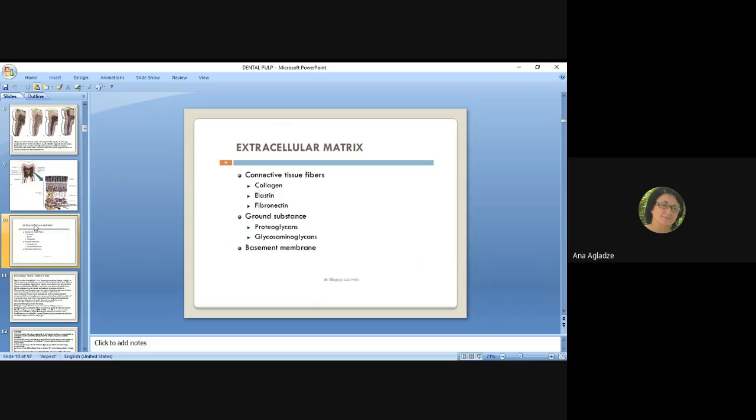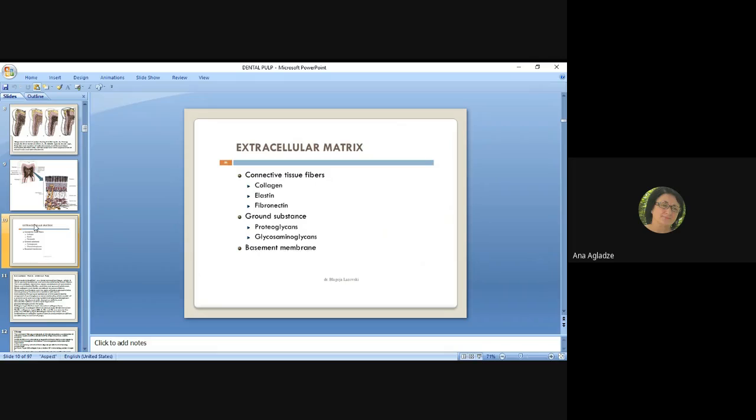What about the composition of the dental pulp? Dental pulp contains abundant extracellular matrix. The basic scaffold of pulp tissue is produced by collagen fibrils, collagen fibers, and thin fiber bundles.